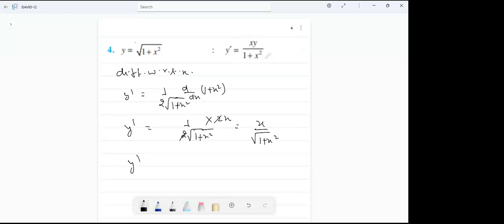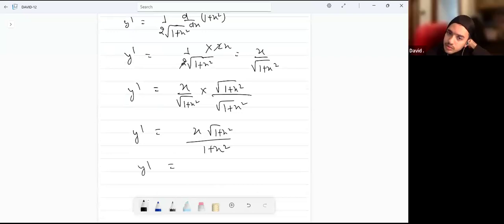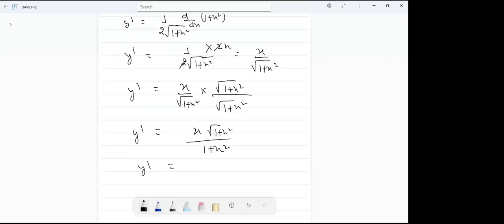So what we do: y dash equals x upon root 1 plus x square, multiplying numerator and denominator by root 1 plus x square.